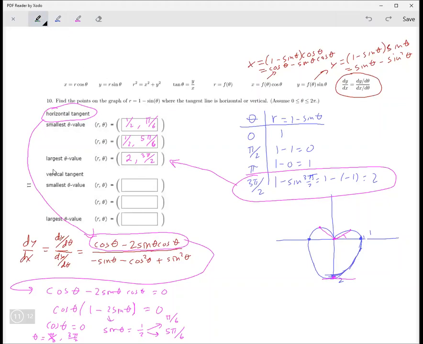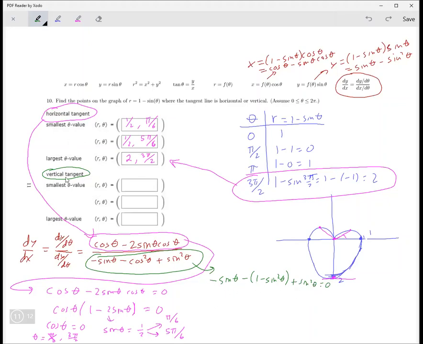Now, vertical tangents. Okay, so that is going to be where the denominator is 0. Now, I'm going to change this cosine squared theta to sine squared, just so everything's in sines.